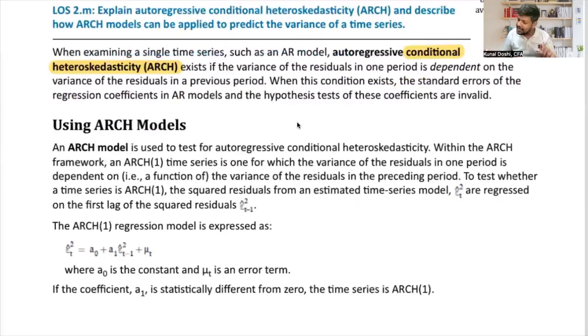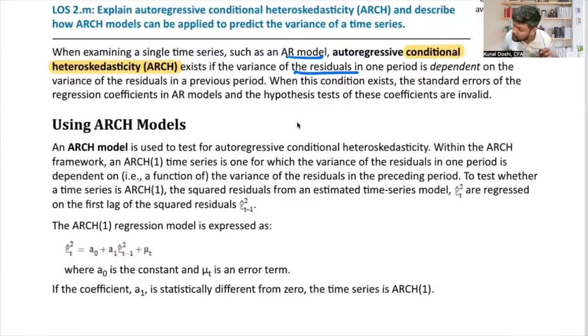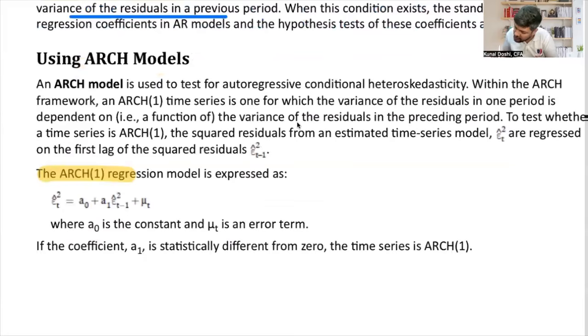Such an AR model exists if the variance of the residual in one period is dependent on the variance in the previous period. So here the model is going to talk about the variance. If you will notice, the ARCH model looks like this, where the variance of one period is dependent on the variance of the previous period.